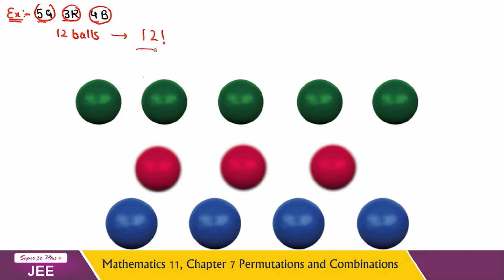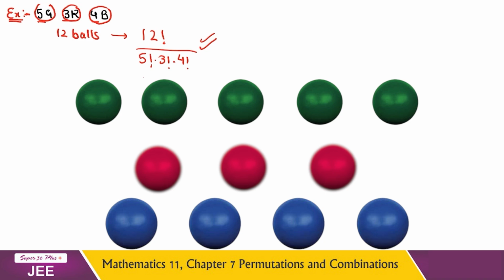In fact, it is going to be 12 factorial divided by the multiplication of 5 factorial, 3 factorial, and 4 factorial. This will be our actual answer and not 12 factorial. Why?